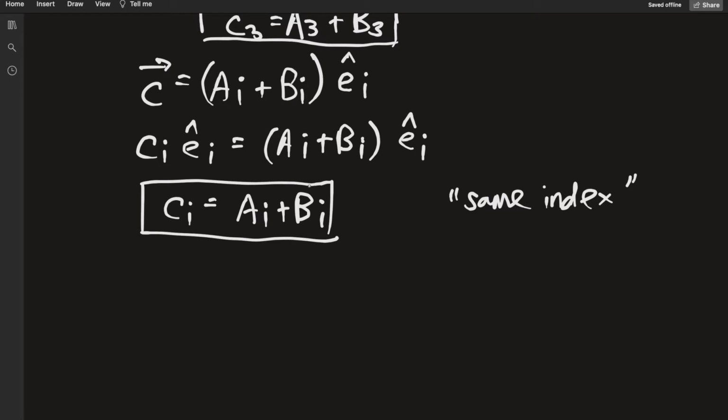Okay, so fine. This was basically about vectors. Now let's consider what happens to a matrix. When I talk about matrices, you can think about them in different ways.